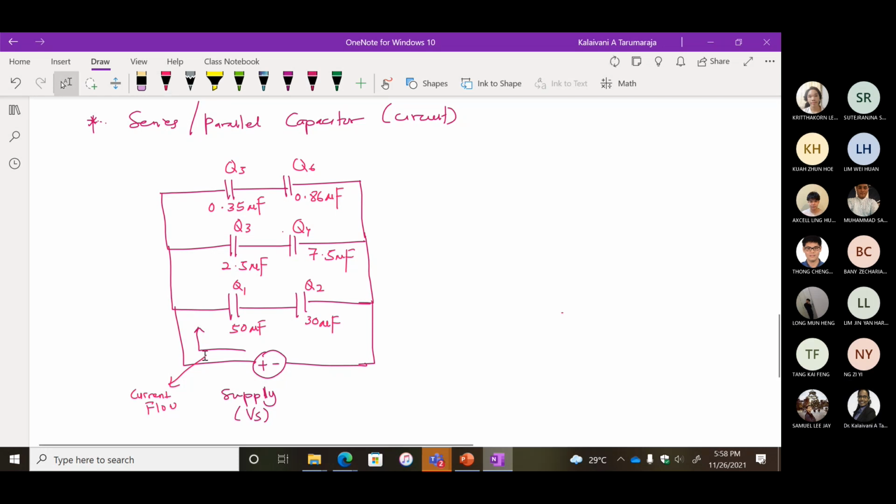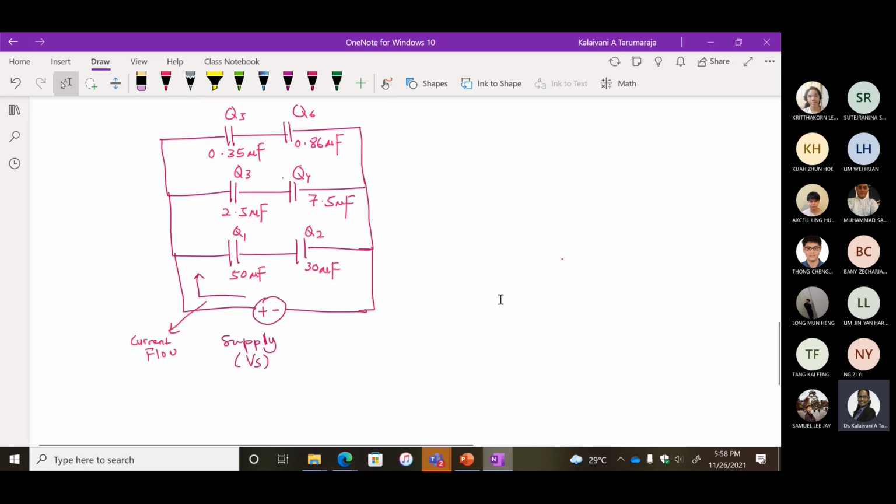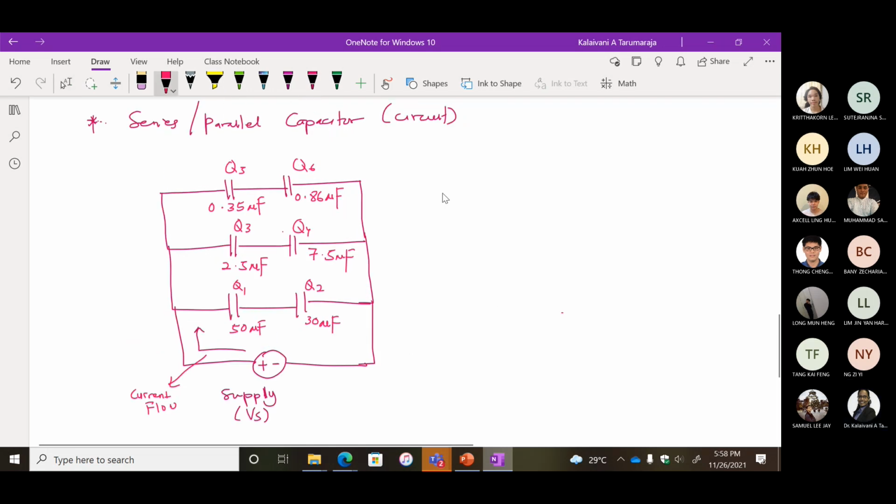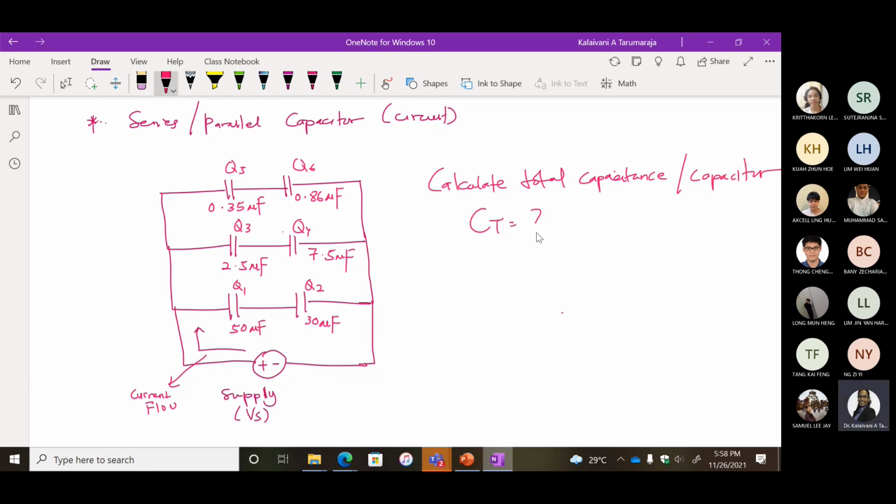This means I give you the calculations on the spot. I want you to calculate the total capacitance, or we say capacitor. The CT is how much?